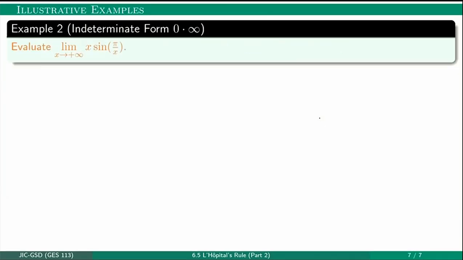Let's take an example. Suppose I have the limit of x multiplied by sine pi over x as x approaches positive infinity. Take note here that as x goes to positive infinity, pi divided by x will go to 0.